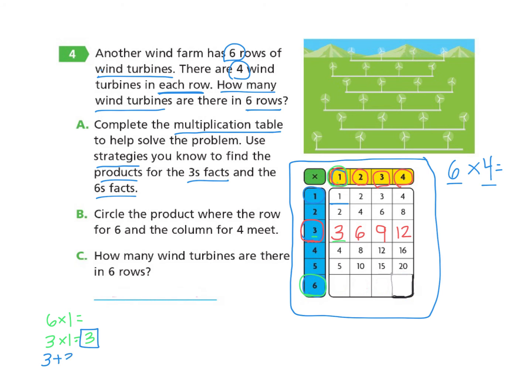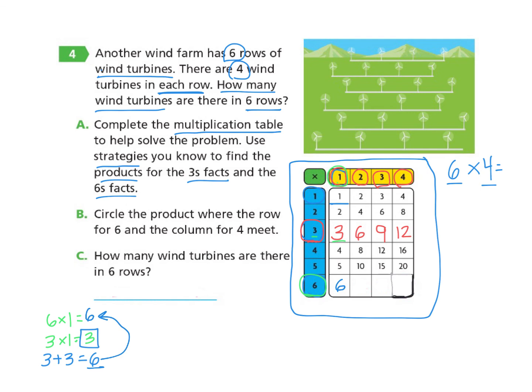And when we say double that, we're taking that and we're adding the 3 plus 3 together, and 3 plus 3 gives us 6. So then we know that 6 times 1 is 6, and we can write that here in our multiplication table. Again, if you'd like to pause and continue on, you can do that and come back to check your answers. Otherwise, you can follow along with me.